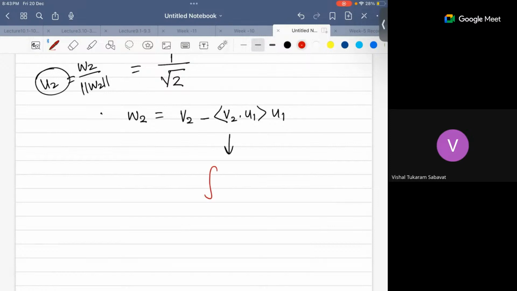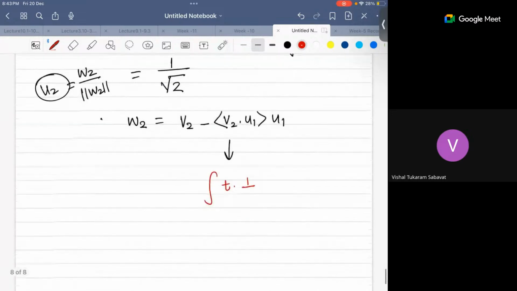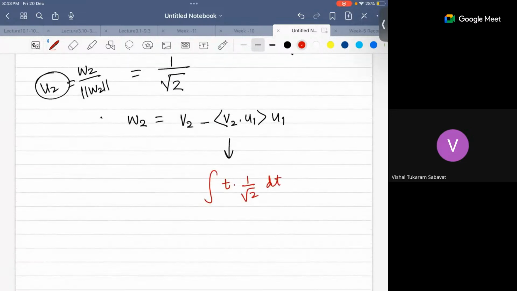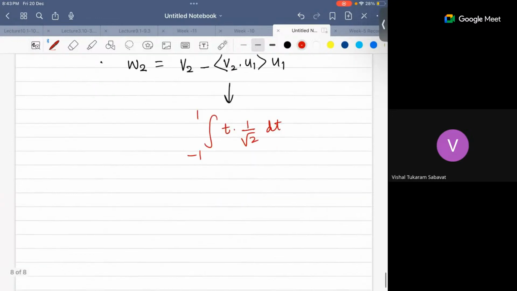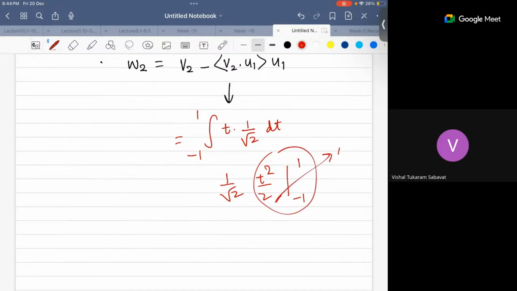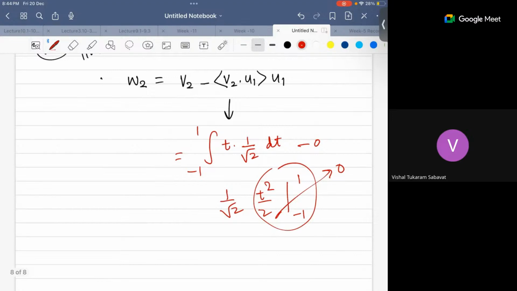This will be the integration of v2, that is t, times u1, which is 1 upon root 2, dt from -1 to 1. What will you get? You'll get 0, right? Because 1 upon root 2, and this is t square by 2, if you put -1 and 1, it will be 0.